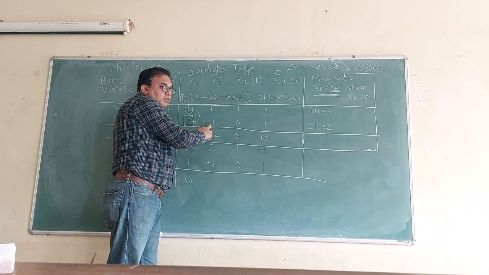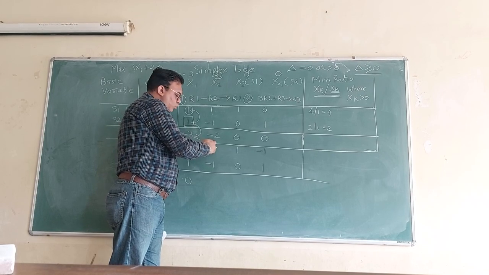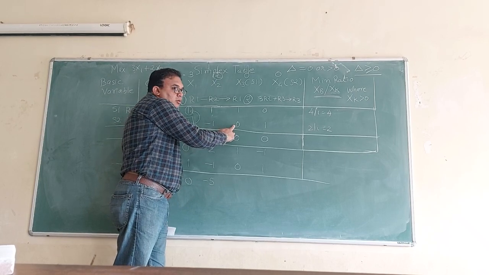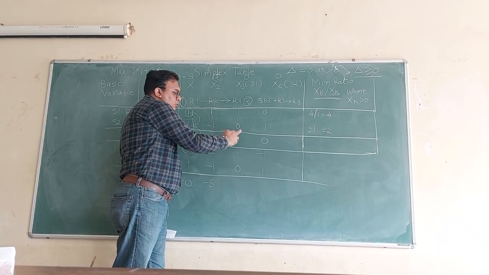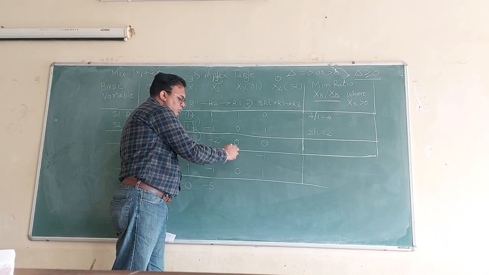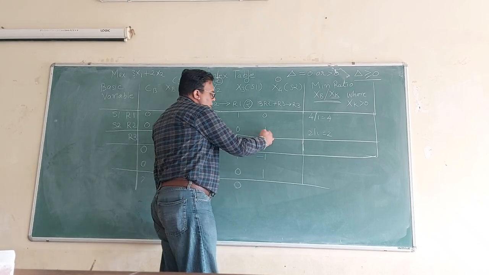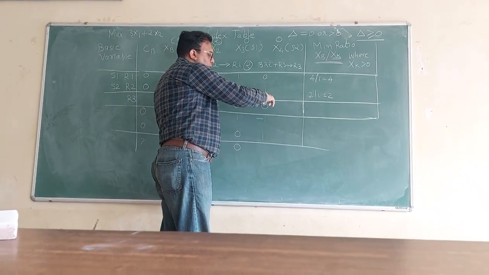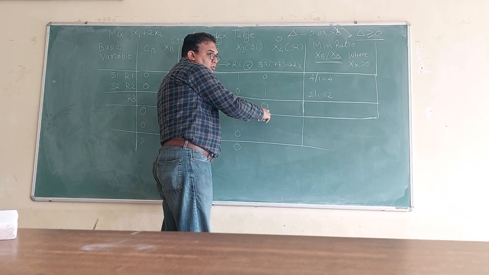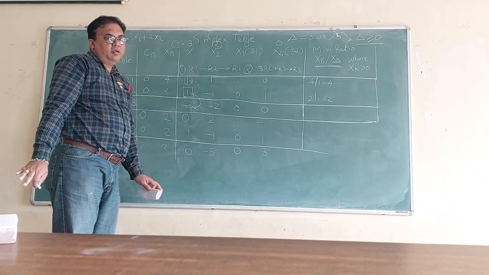Minus 1 into 3, that is minus 3. Minus 2. Minus 5. 3 into 0, 0. 0 means clear, right? So next 3 into 1, 3. 3 minus 0. Is it okay? Sure.